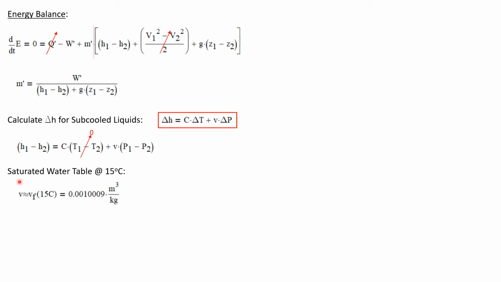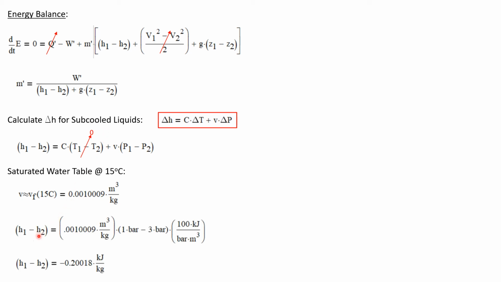So let's go to the saturated water table at 15 degrees C. And we know that the specific volume is very nearly the specific volume of a saturated liquid at the same temperature. And from the table, we get that to be 0.0010009 cubic meters per kilogram.